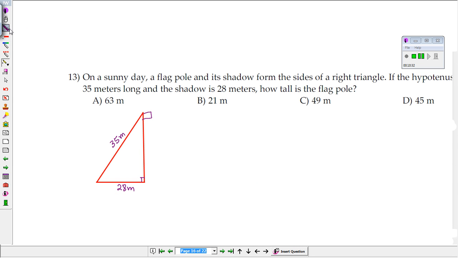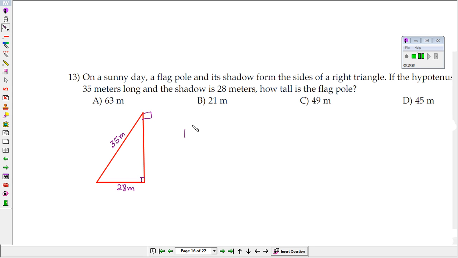Now let's look at the next example. Again, in this case we only deal with a right triangle. Here I drew the diagram. We have the flag pole. We have the saddle, which is 28 meters. We have the hypotenuse, which is 35 meters.